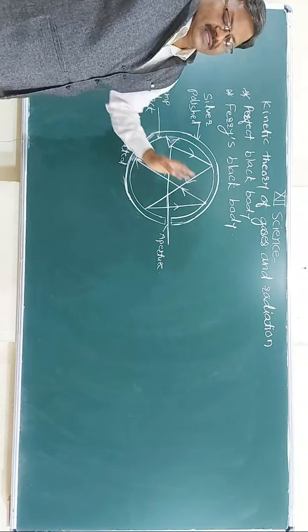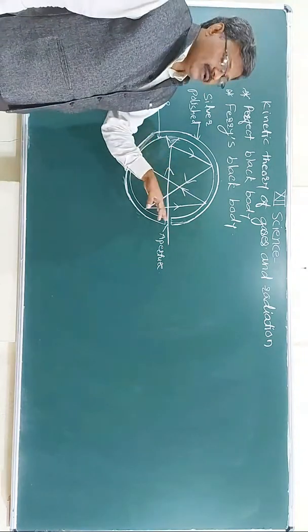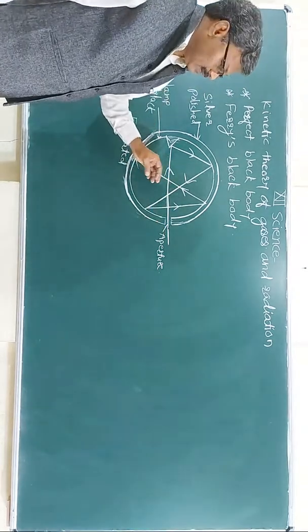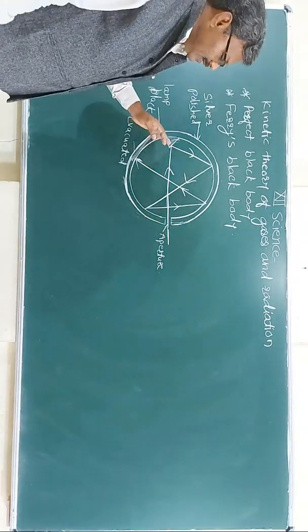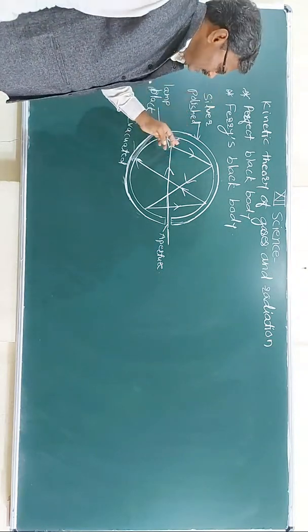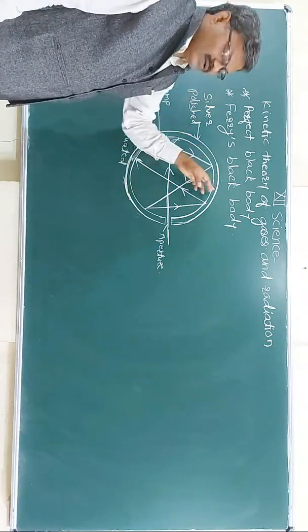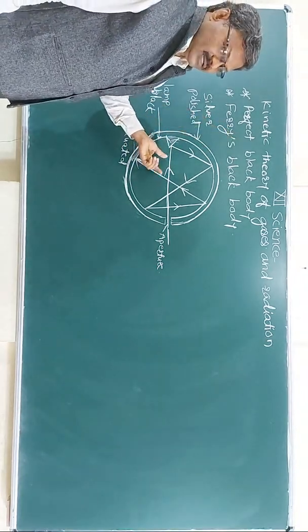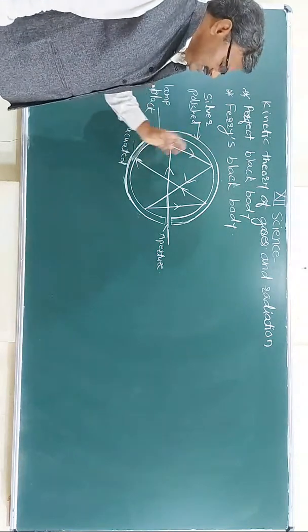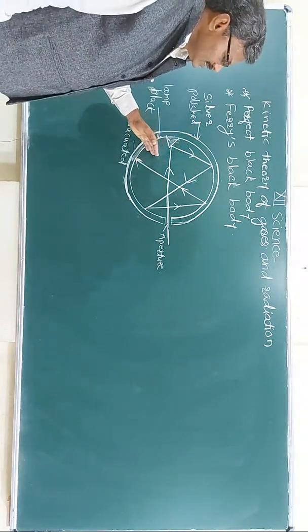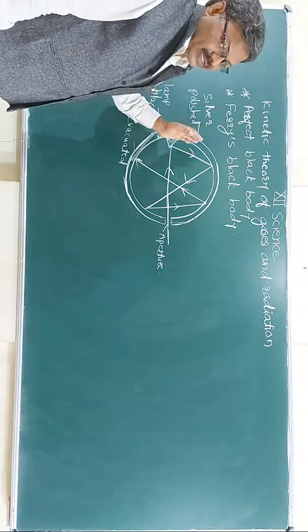Thus, there is less chance of the incident ray returning through this small aperture. When the ray enters through the aperture, it undergoes multiple reflections inside this body, and thus the total energy is absorbed by this Ferry's black body.